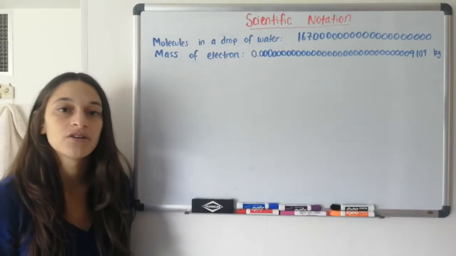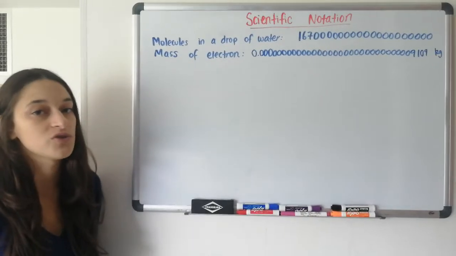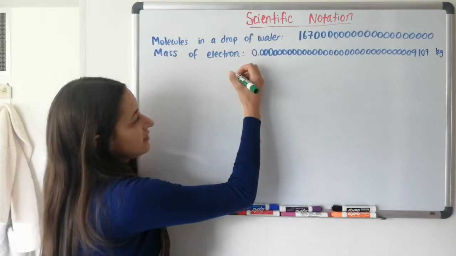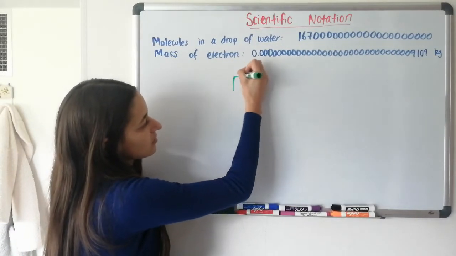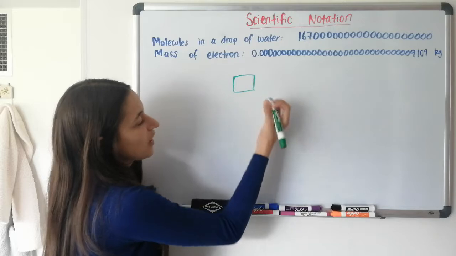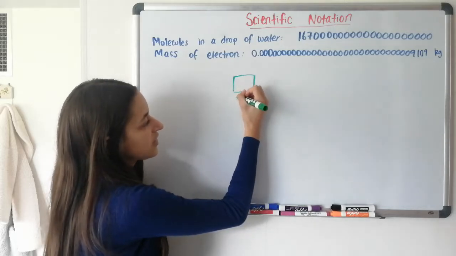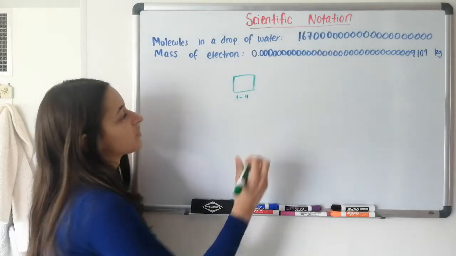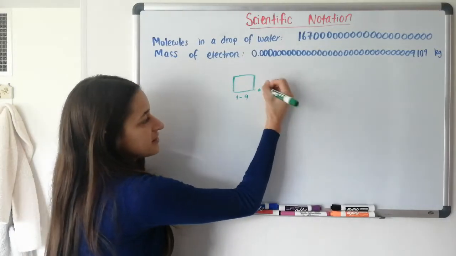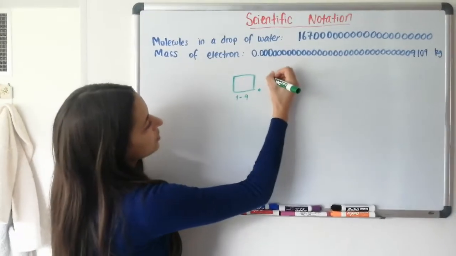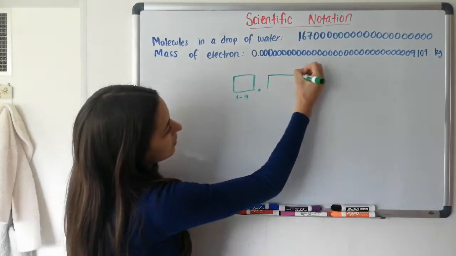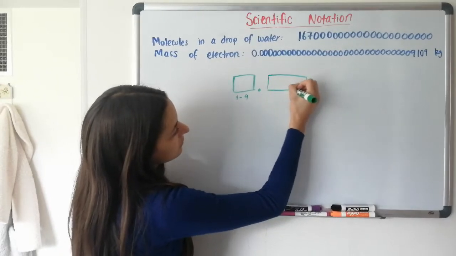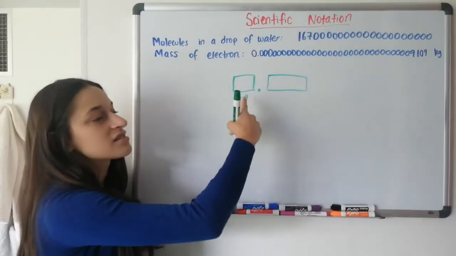So the way that you write a number in scientific notation is you follow these steps. First you write, in this little square that I'm going to draw, a single number from 1 to 9. Then you put a decimal point. And then here you write a number which can be as big as you want.